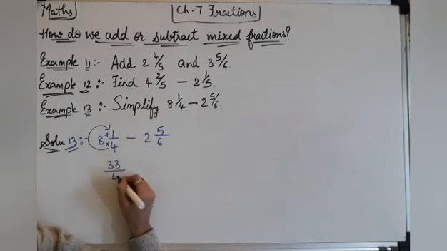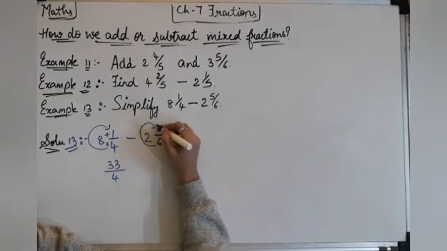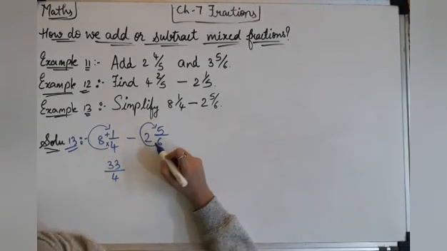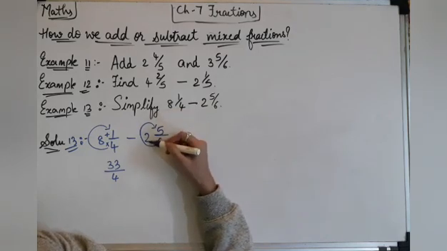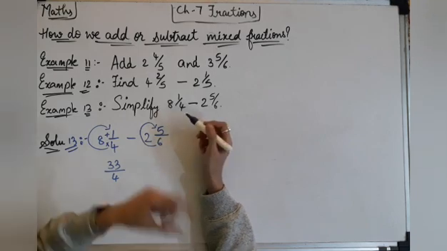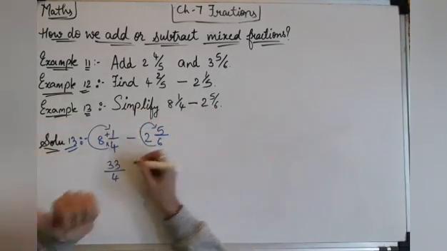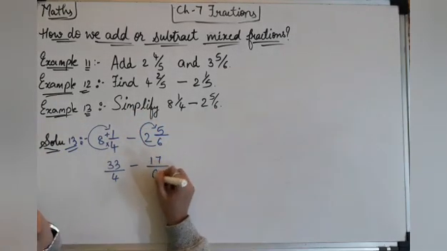So 33 upon 4. Again here the arrow. If you know it, no need to do the arrow. For your explanation, I am doing the arrow here. 6 2s are 12, 12 plus 5 is 17. So 17 upon 6.